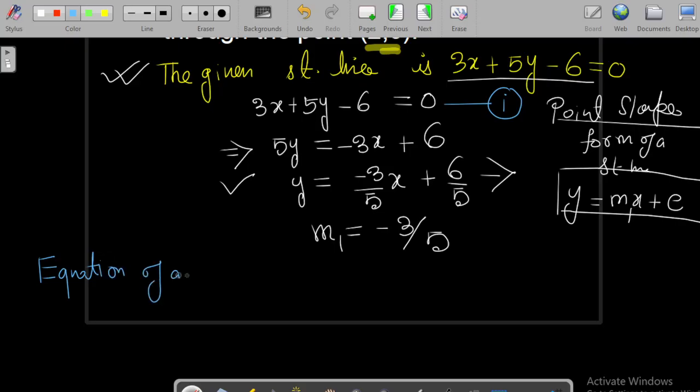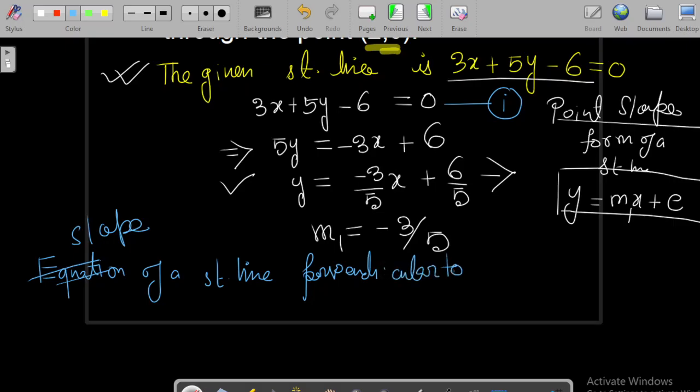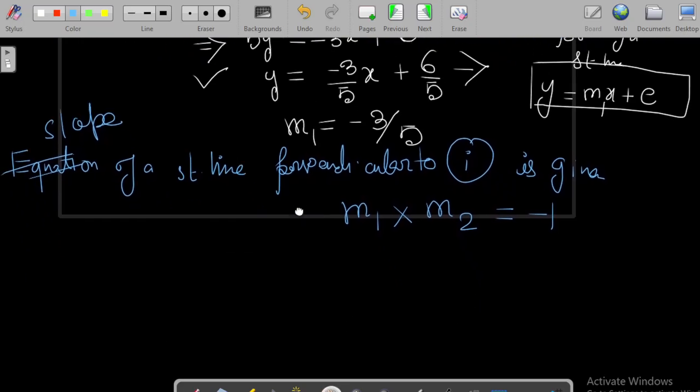The slope of the straight line perpendicular to equation 1 is given by m1 multiplied by m2 equals minus 1, where m2 is the slope of the perpendicular which we are going to find.